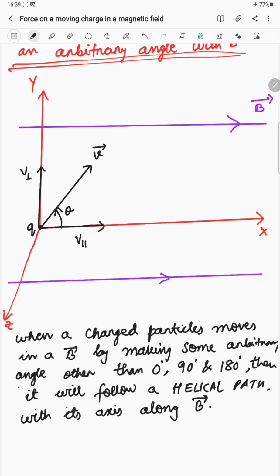So if it makes some angle, then the path will be a helix. Okay, remember this. It will follow a helical path.